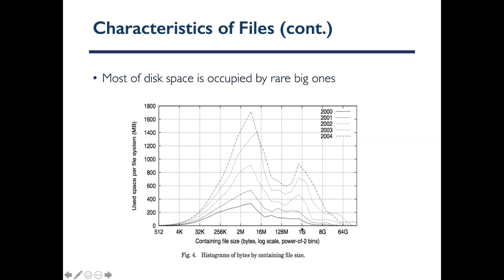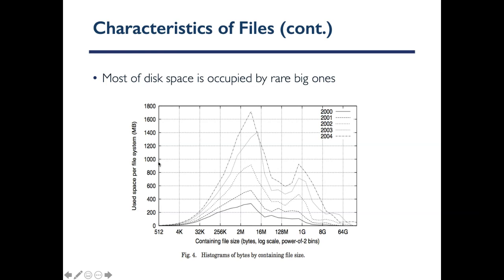So this one is interesting, right? If you look at 1 gigabyte and let's say 2004, you can see a file with 1 gigabyte on average occupies slightly lower than 1 gigabyte.